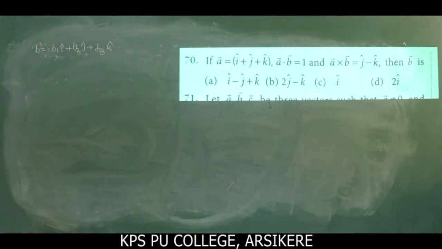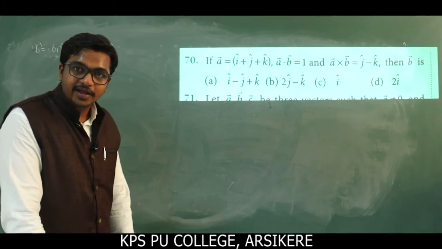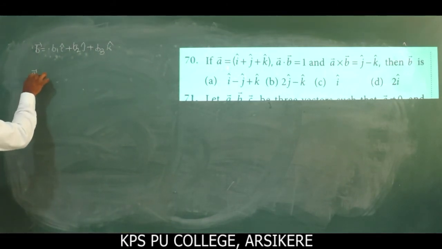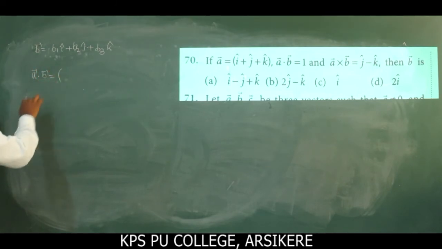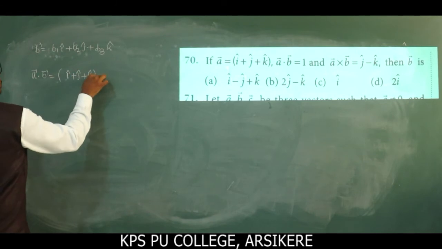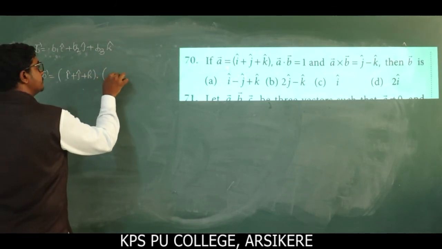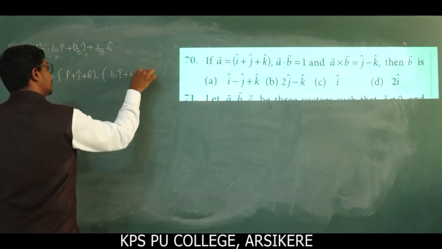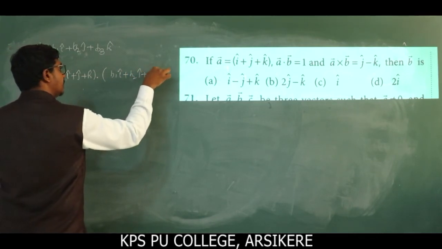Then first find A dot B. A dot B is equal to A, which we have as i cap plus j cap plus k cap, dot with B1 into i cap plus B2 into j cap plus B3 into k cap.